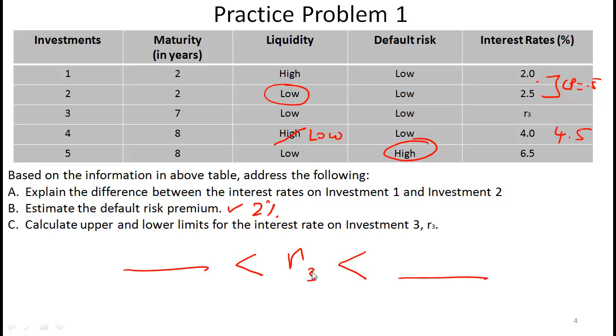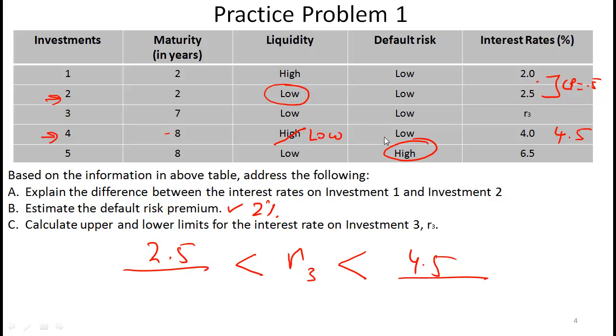Hira? 2.5 and 4.5. Exactly. So it has to be between 2.5 and 4.5. Why? Look at investment 2 and investment 4. Notice that in both 2 and 4, the liquidity is low, just as with 3.